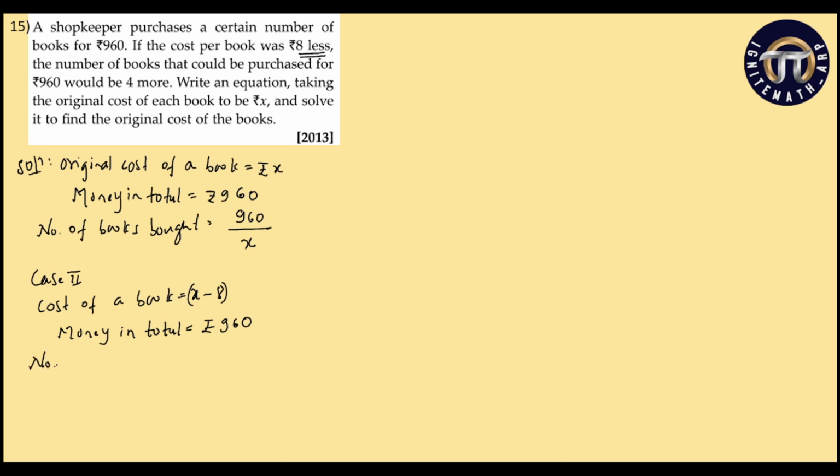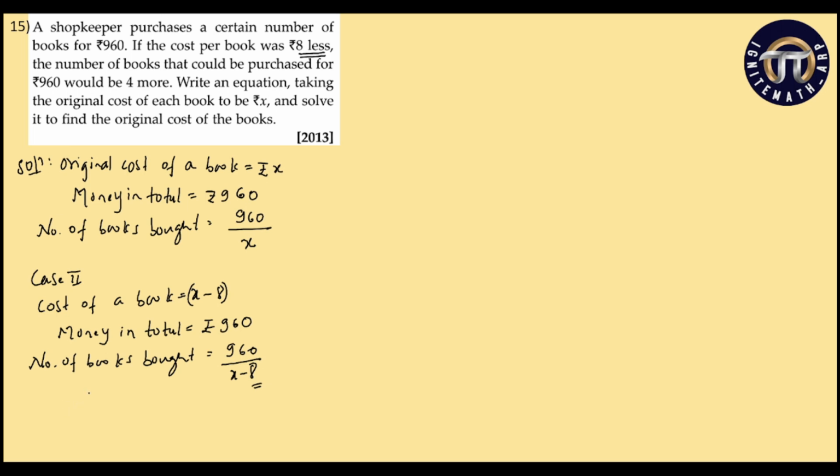So the number of books bought is 960 by x minus 8, total money divided by the cost of each book. Since the cost is reduced by 8 rupees, the number of books purchased in the second case is more than in the first case. Now how can I frame the equation?